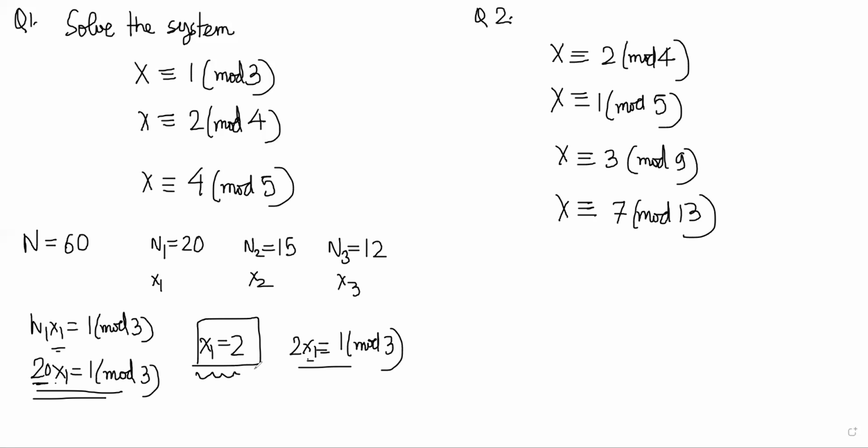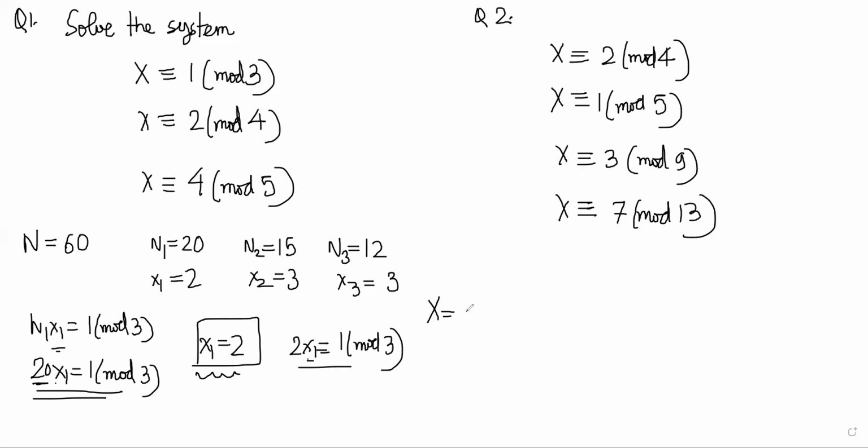X1 will come out to be 2, and similarly, X2 will come out to be 3, and X3 will come out to be 3, right? And when you construct the number capital X, it will be N1 X1 B1 plus N2 X2 B2 plus N3 X3 B3. B1, B2, B3 were 1, 2, and 4.